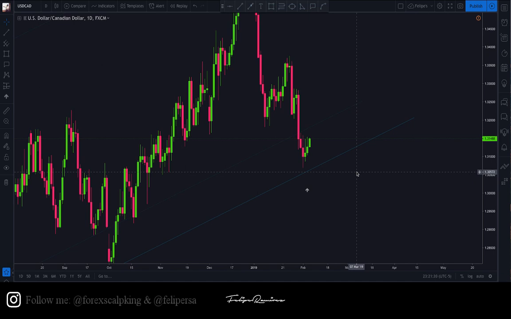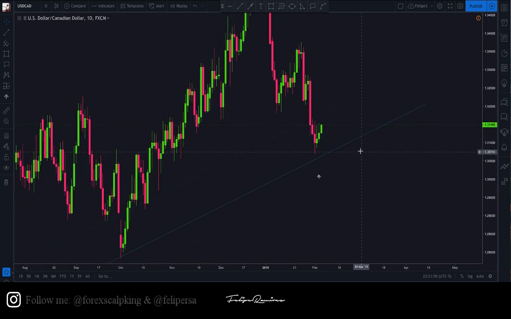So structures, and patterns such as a flag or a double bottom and so on. Now, one of the rules I have for my trading is to ask myself and be able to respond to the question: is the market at a key support or resistance area? It doesn't mean just any support or resistance, but a key support or resistance.